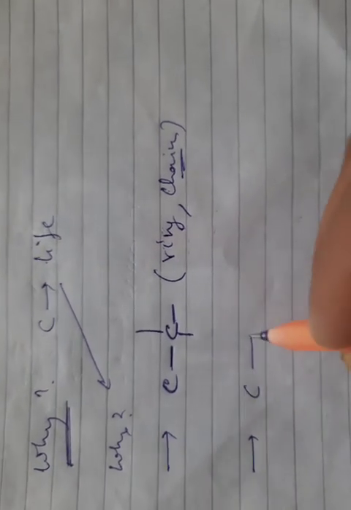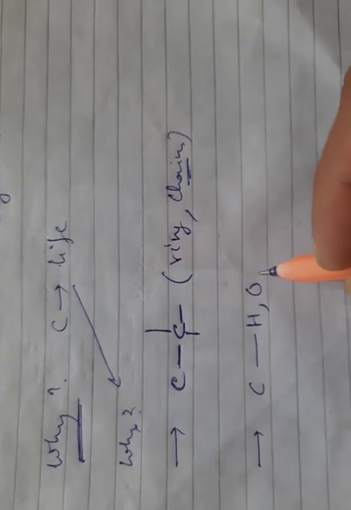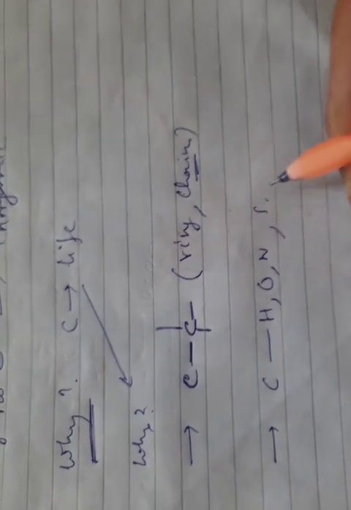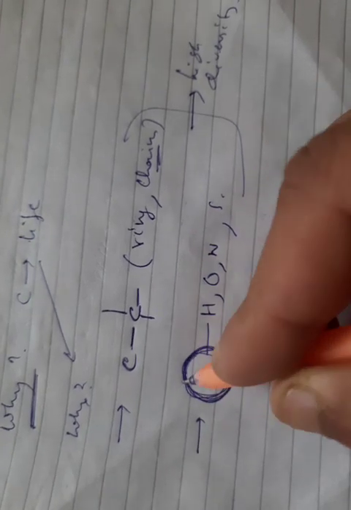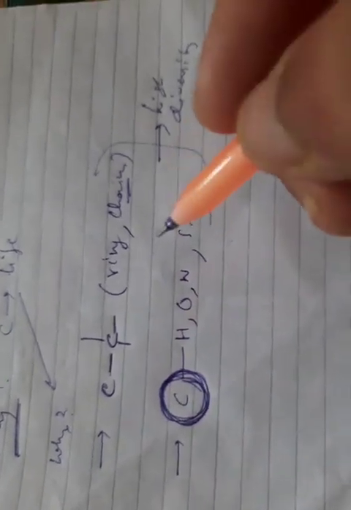And it can also form strong bonds with other atoms like hydrogen, oxygen, nitrogen, then sulfur. Since these are possible, it can result in highly diverse types of compounds, which would be necessary for life. So this is the reason carbon is behind the structure of life.